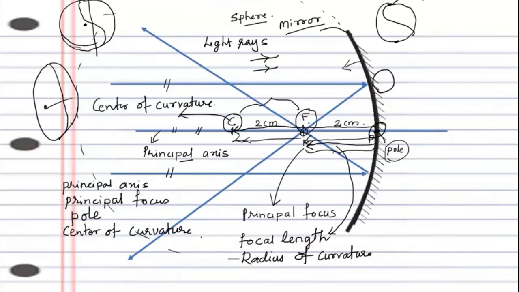Right? Now have your attention on your screen. Focal length, suppose I denote it as f, and radius of curvature generally denoted as small r. Now, can you tell me the relationship between f and r? Can you put that in a mathematical formula? Can anybody comment now?